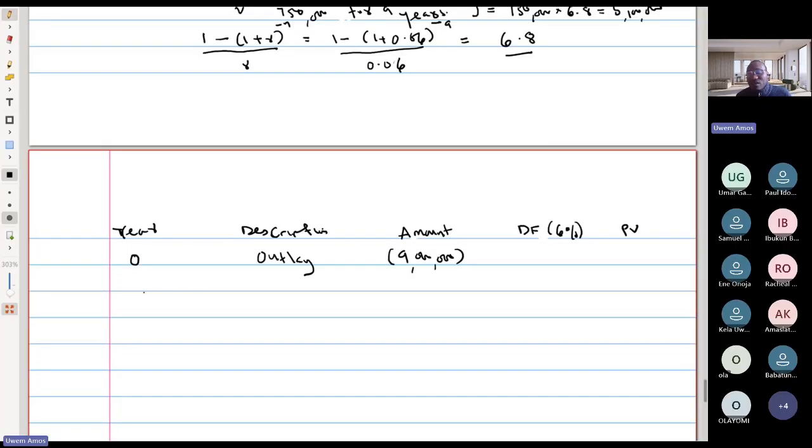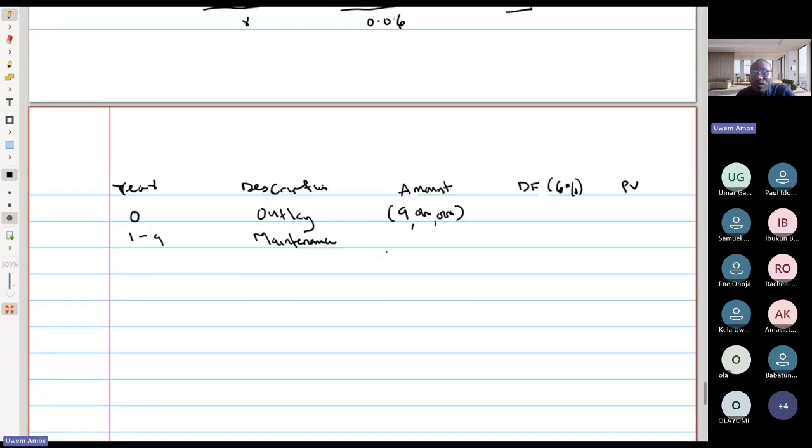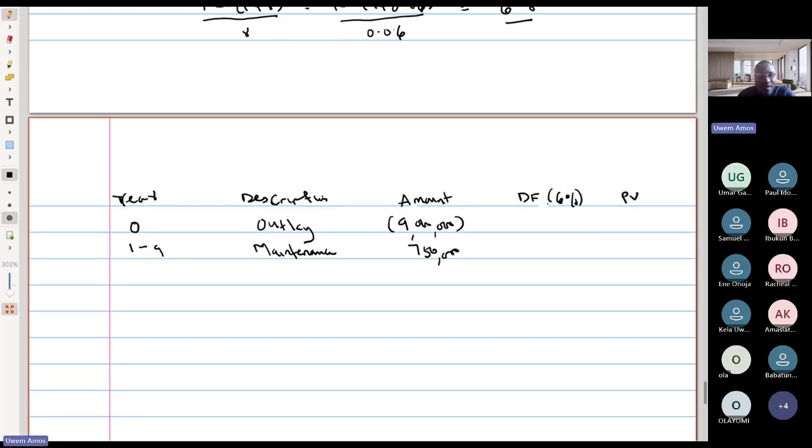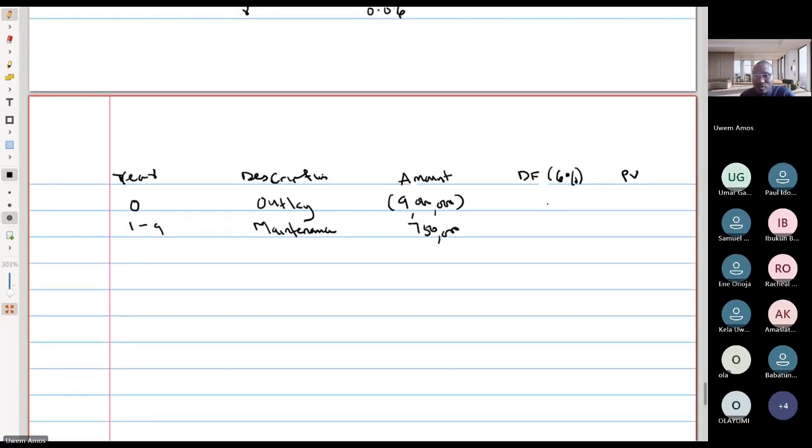So we're going to spend 9 million to buy the machine. And then from year 1 to 9, we're going to have maintenance. And how much is the maintenance per year? 750,000 per year. The annuity factor, we already calculated the annuity factor at 6.8.